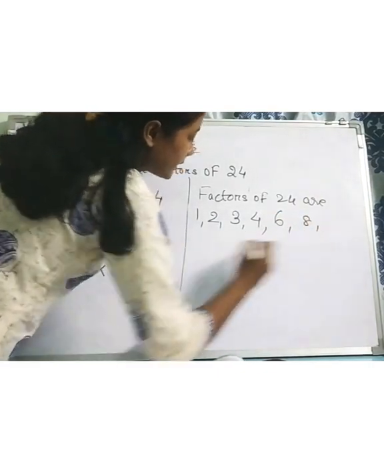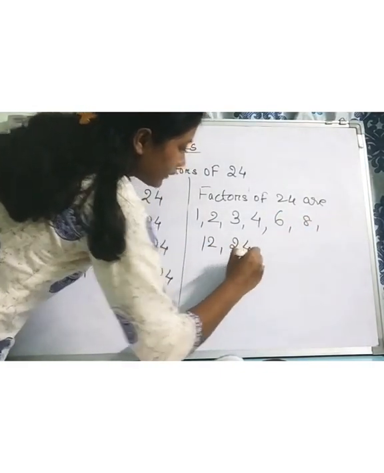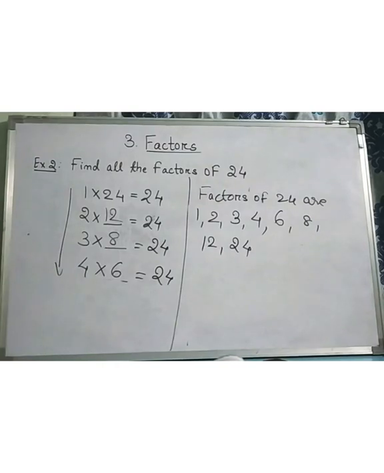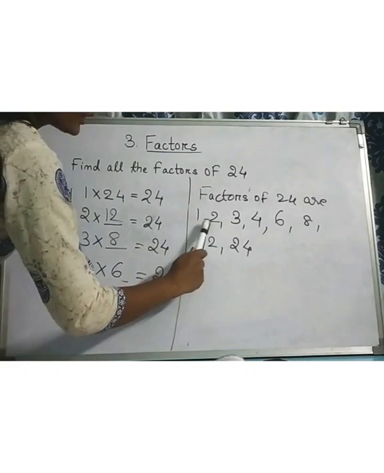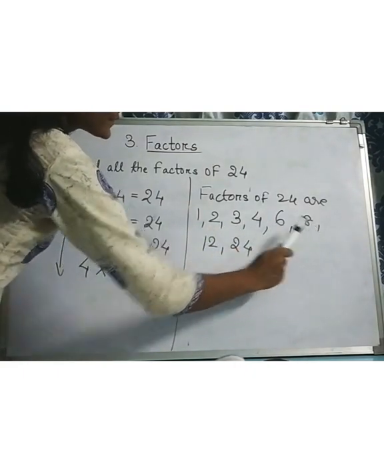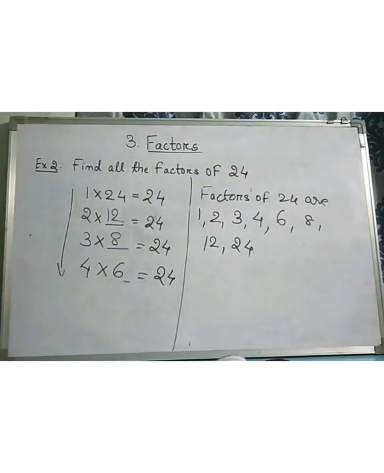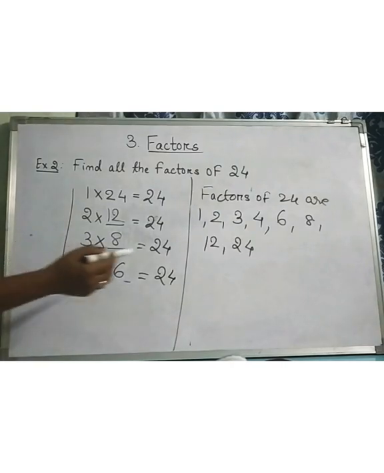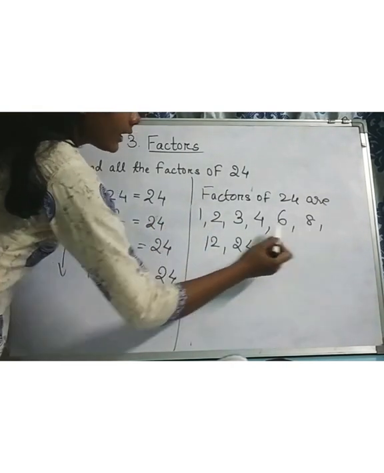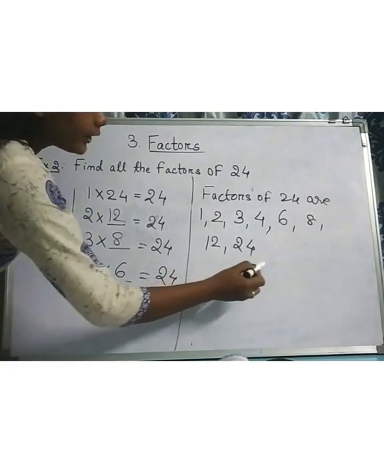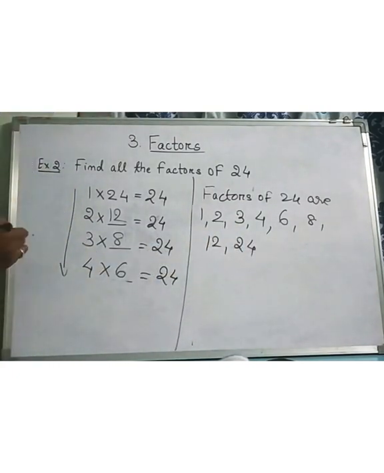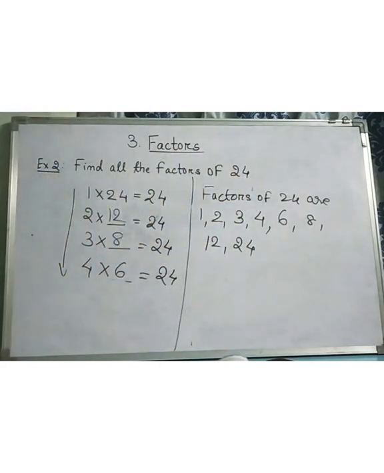How many factors did we get? 1, 2, 3, 4, 5, 6, 7, 8. So we got 8 factors of 24. The factors are always limited. And you can see all the factors that we got are less than or equal to 24. That means factors will always be less than or equal to the number itself.